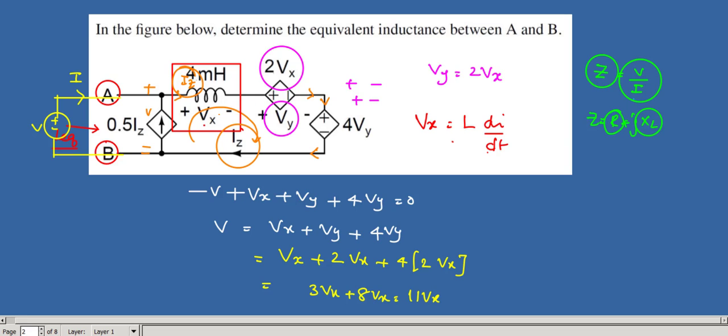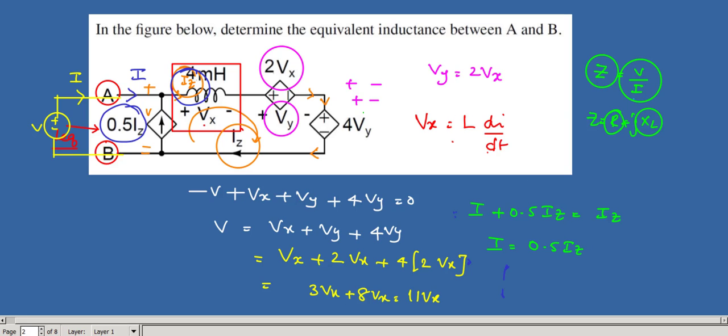Apply KCL here: I current is entering, 0.5 Iz is entering and Iz is leaving. So what is the current here? I equals 1 minus 0.5 Iz.